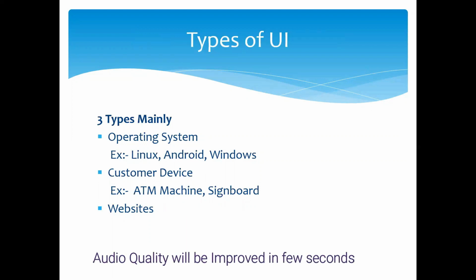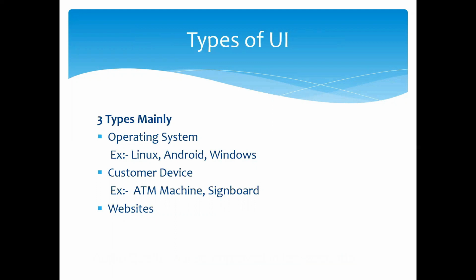Mainly three types of UI are present in the market. One is operating system, the second is customer device, and the third is website. What is an operating system? An operating system is software that is installed on a device. Let me give an example. When you purchase a laptop, by default there will be no operating system. After manufacturing, the laptop is only at a command prompt.